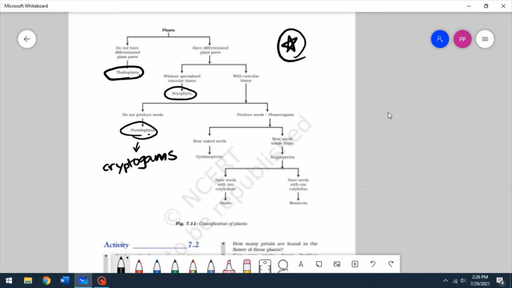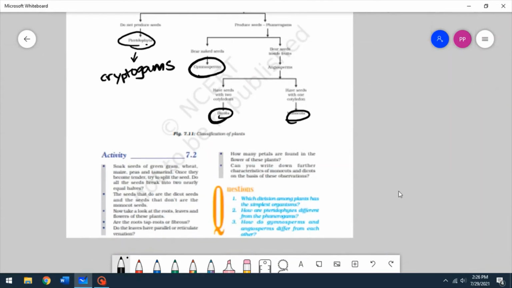And if the seeds are inside the fruits, they're subdivided, but if not, they're called gymnosperms. Plants which bear seeds inside fruits are known as angiosperms, and whether they have two or one cotyledons, they are divided into dicots and monocots respectively. That is the whole flow chart here.